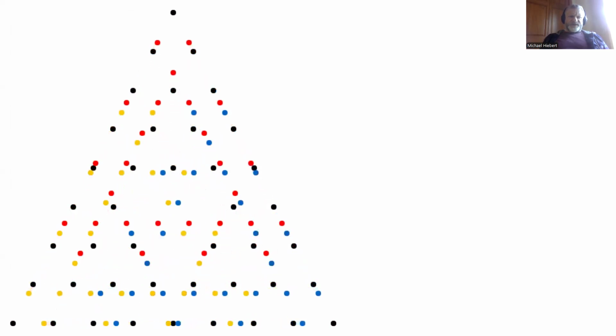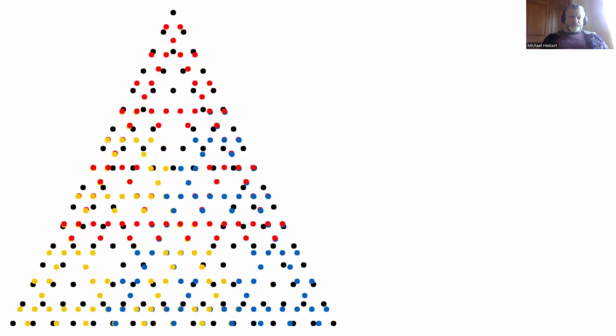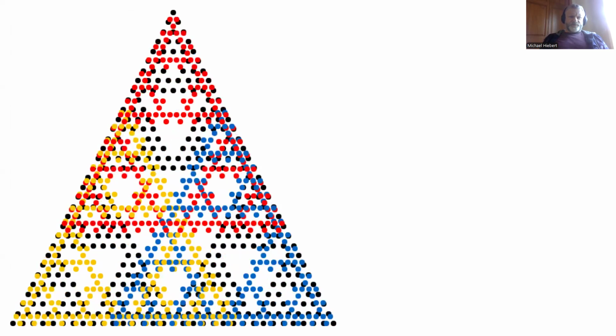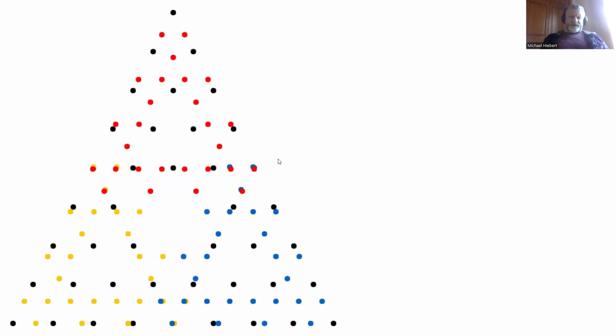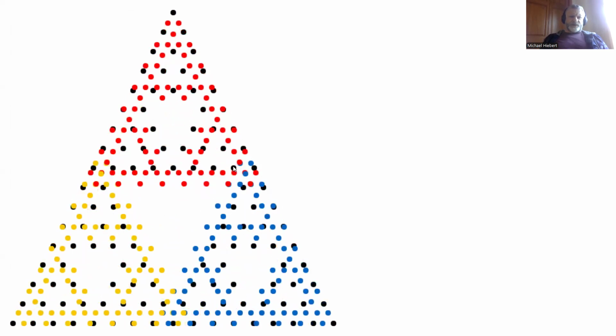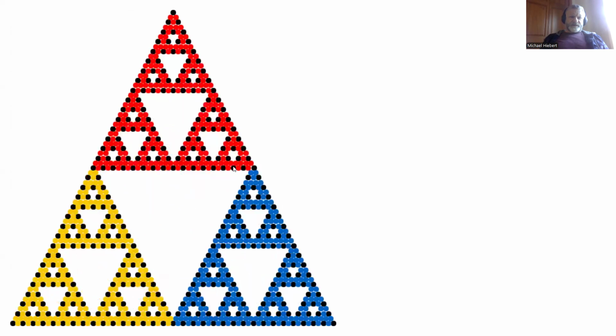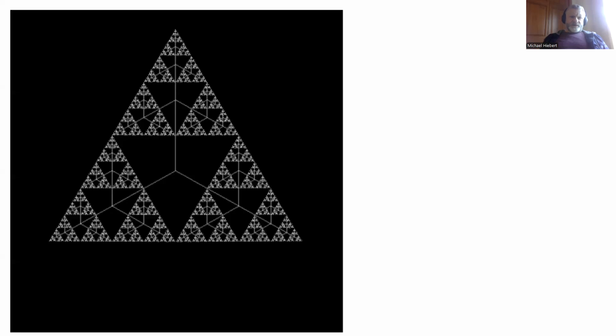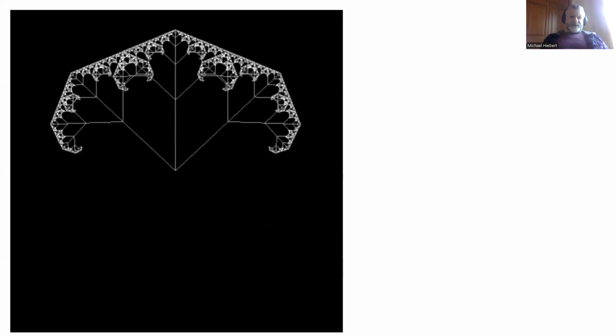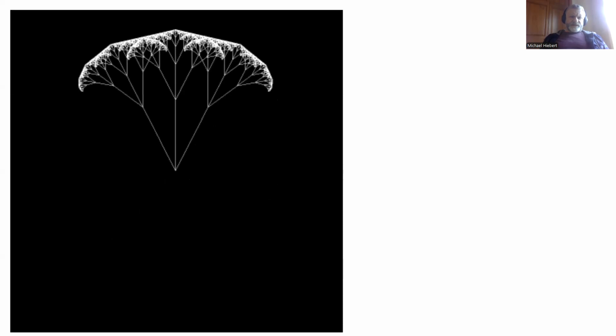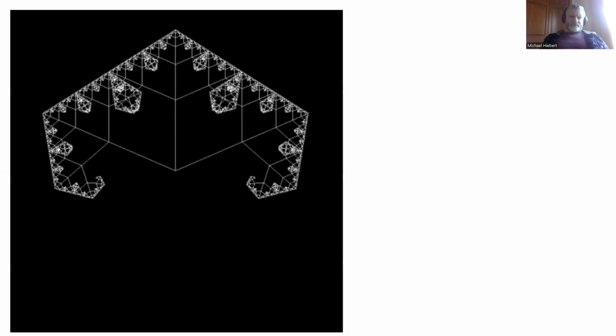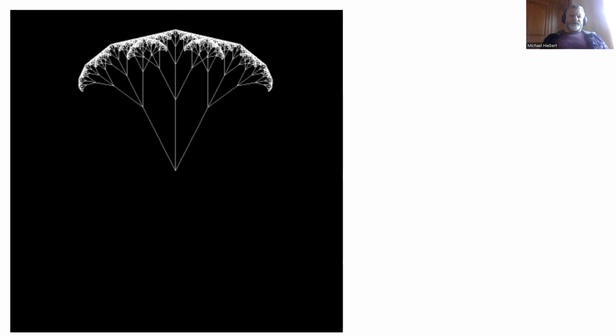Here's the Sierpinski triangle being built in 2 dimensions. And the Sierpinski triangle is an interesting fractal object in that it seems to contain within it the code for creation of trees, plants, the nervous system, the circulatory system.